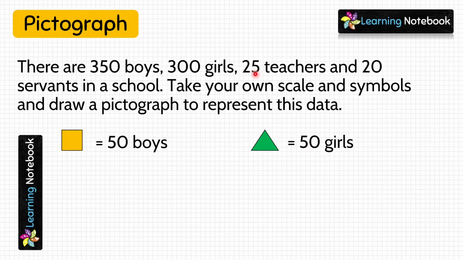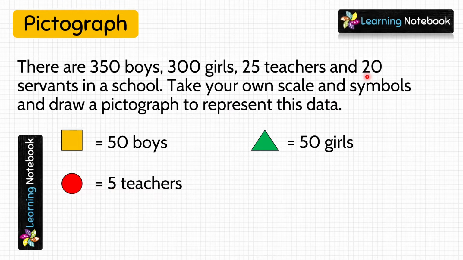Next is 25 teachers. Students, we can represent teachers by a circle. And since there are only 25 teachers, so we can take a scale of 5. That is, each circle will represent 5 teachers.